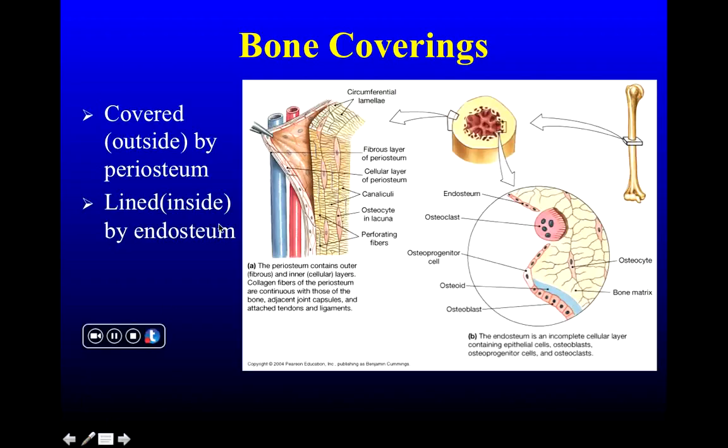So let's look at the outer covering of bone, represented here by this area. This is called the periosteum. Now, these cells, you can see some little nuclei here. These are osteoblasts. They're also fibroblasts.